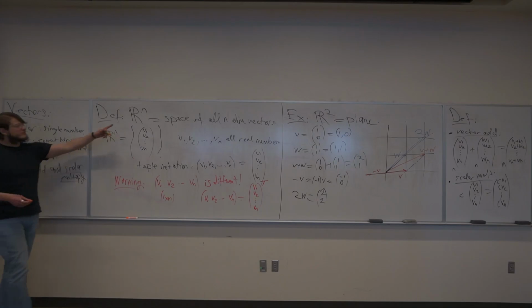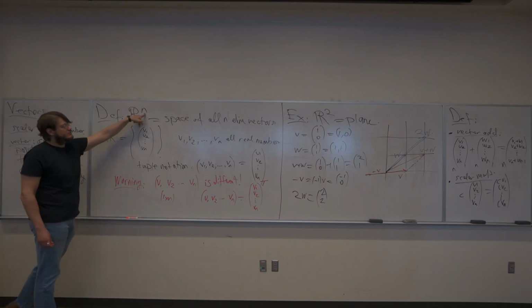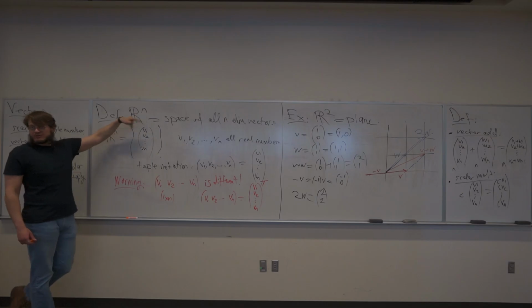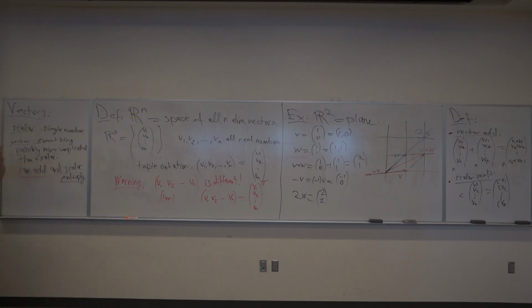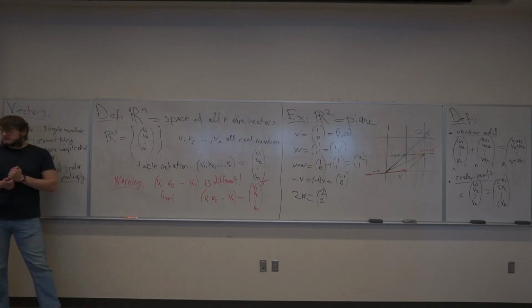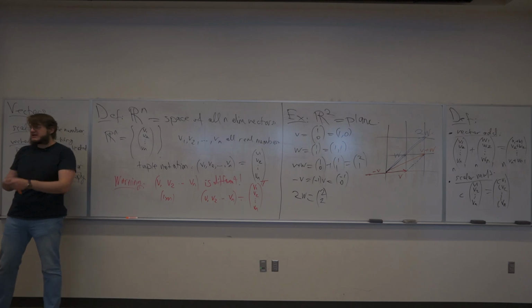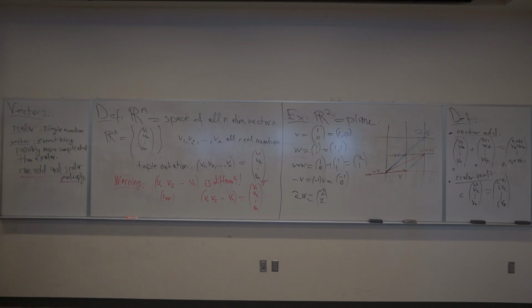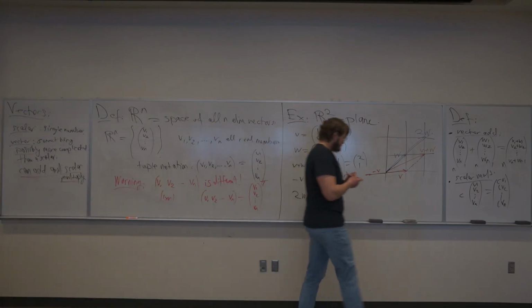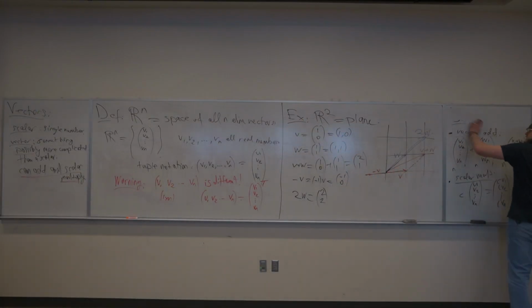Now, in principle, in this definition, there's nothing stopping you from picking n equals 1. So real numbers themselves, the line itself, is supposed to be the space of one-dimensional vectors. Okay? And certainly you can add two numbers, and you can scalar multiply one number by another one. Addition, I think, is somewhat more intuitive in this context.